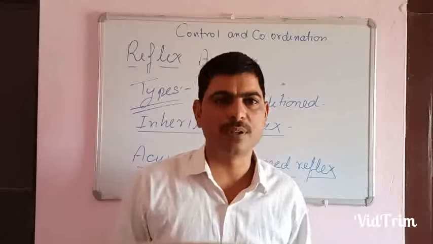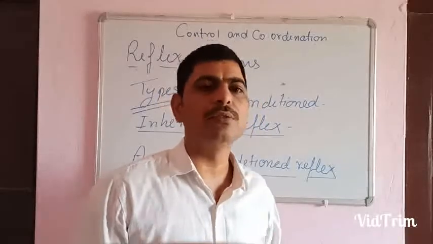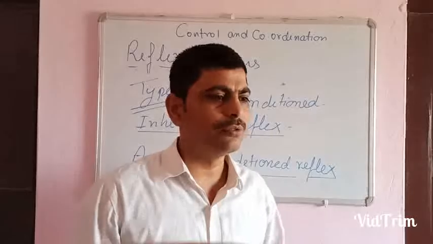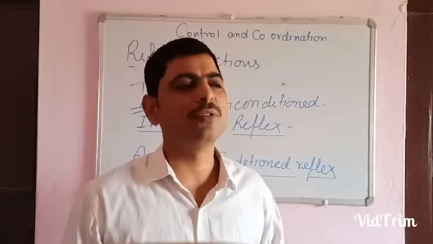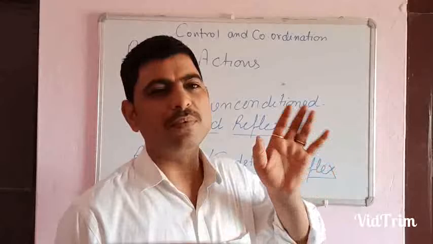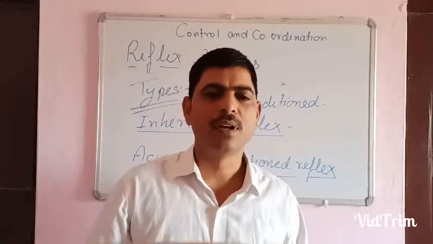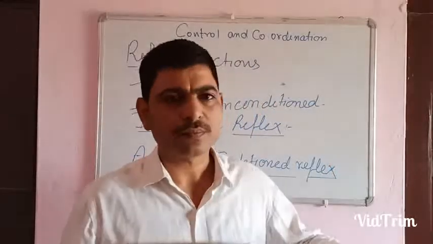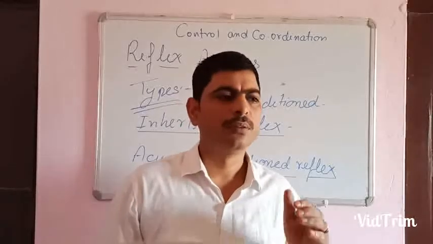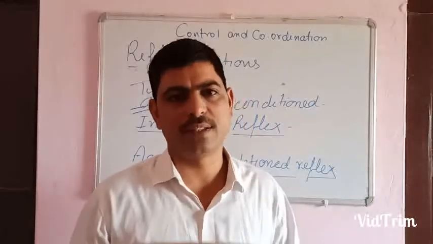You may fall down sometimes, and after you learn how to ride a bicycle, you will be able to do all those actions by yourself. No need to remember that now the right pedal is down, the left is up, now I have to push the left one, when to ring the bell, when to apply the brake, when to turn the handle. No need for any instruction to do all these actions.